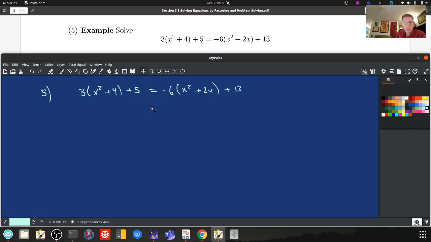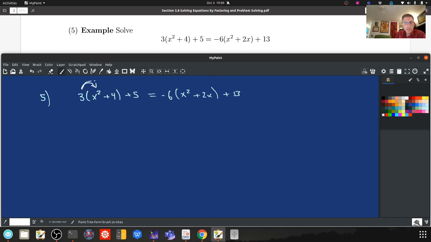What we're going to do again is use the distributive property, then collect like terms and simplify both sides, and then move all the terms to one side. So 3 times x squared is 3x squared. 3 times 4 is plus 12. And then I have a plus 5 already there.